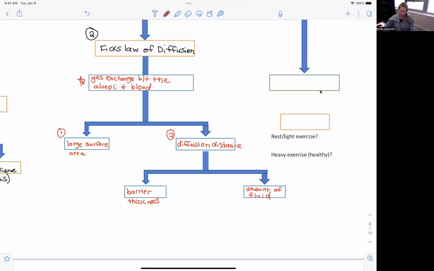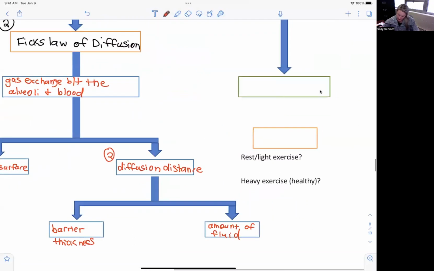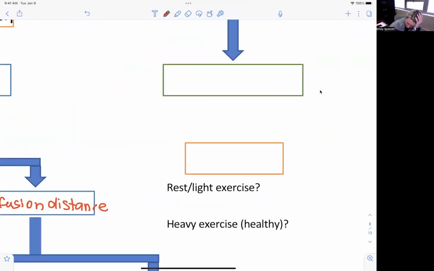Again, we're really going to talk about Fick's law of diffusion in the coming modules. The last one that we'll discuss here on the right-hand side is the perfusion of our alveoli. And remember, that is our VQ ratio.